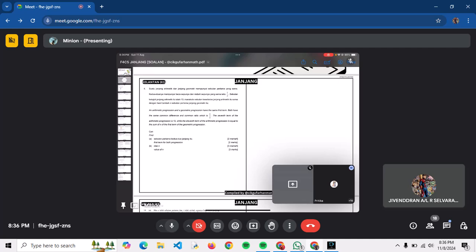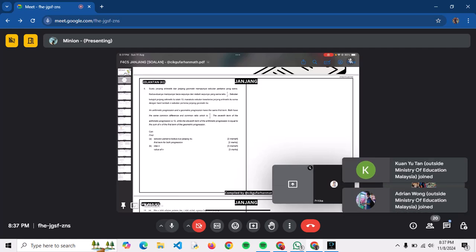The seventh term of the arithmetic progression is 13, while the 11th term of the arithmetic progression is equal to the sum of n of the first terms in the geometric progression. Find the first term of both progressions. So you have to find the first term for arithmetic and also geometric progression. And question B is, after finding that, you have to find the value of n.